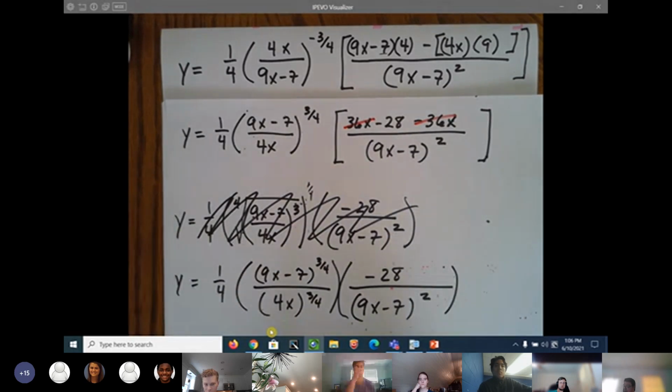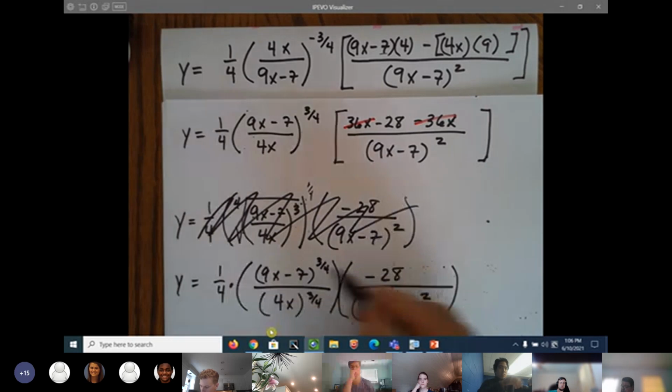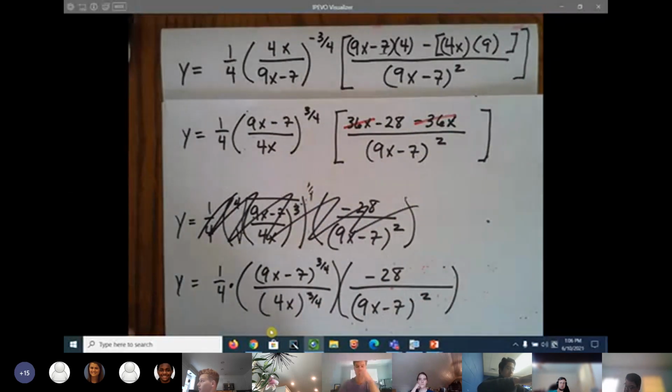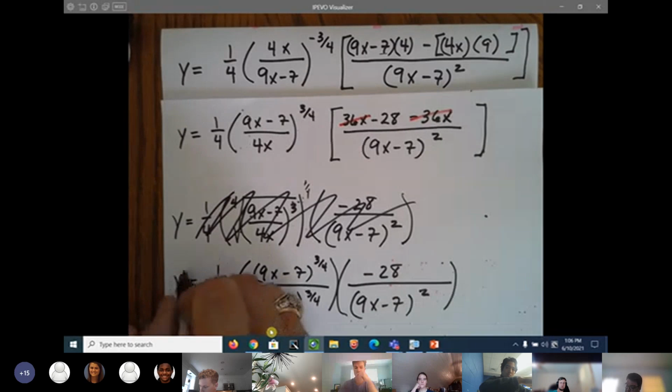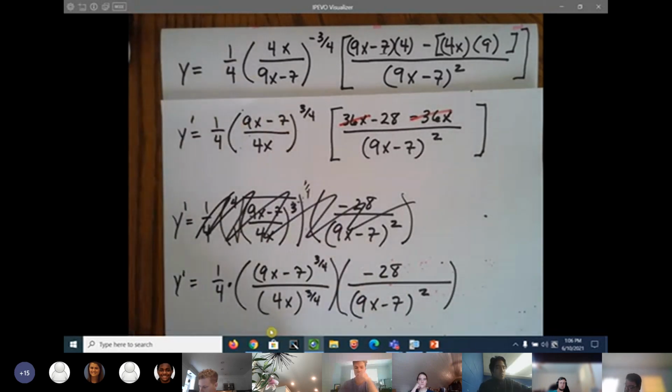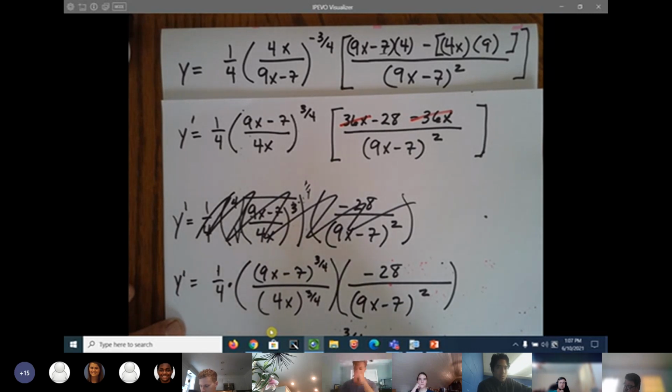And now I can put all this in one because it's multiplication, and I get y prime. Y prime is equal to 1 times negative 28 times 9x minus 7 to the 3/4 power divided by 4 times 4x to the 3/4 power times 9x minus 7 to the 2nd power.